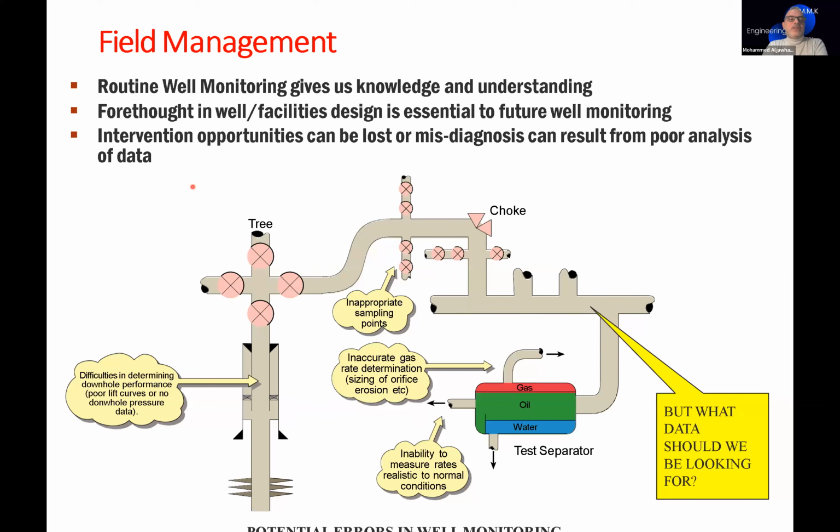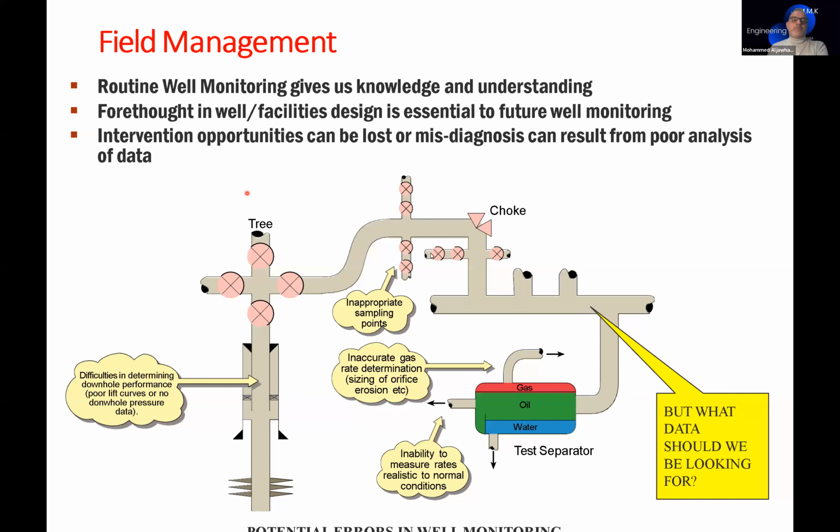It's by doing routine well monitoring. This kind of routine monitoring, we have to plan beforehand, and know what we need to know about our wells, our field, our facilities, our pipelines.